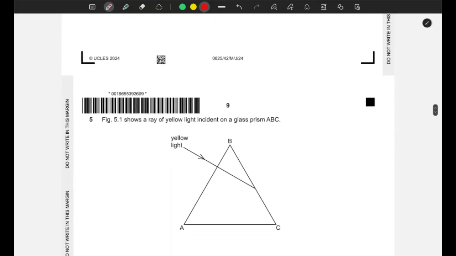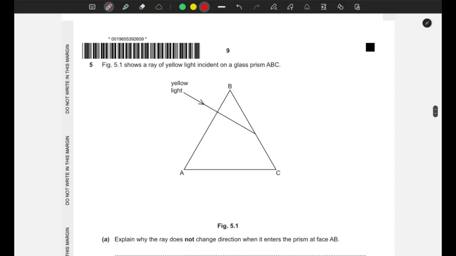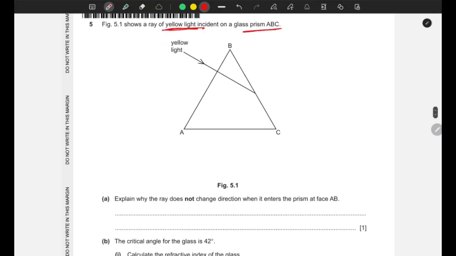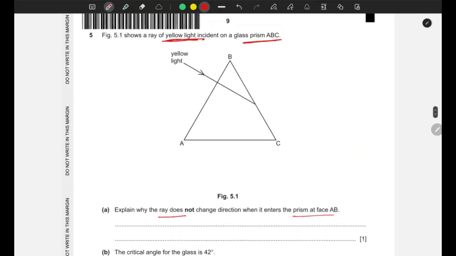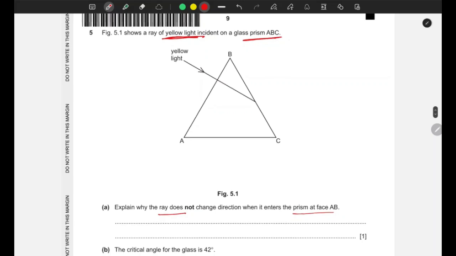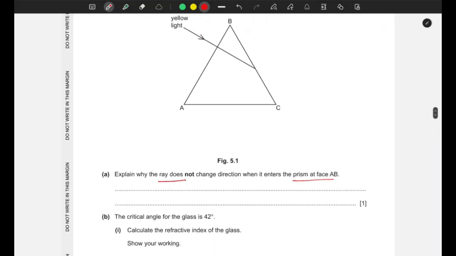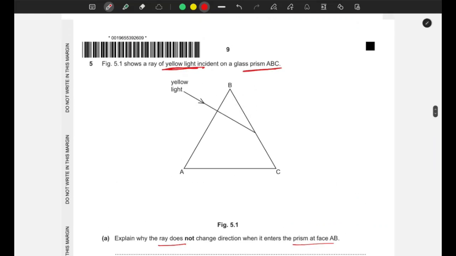Question number 5. Okay. Figure 5.1 shows a ray of yellow light incident on a glass prism ABC. Explain why the ray does not change direction when it enters the prism at face AB. So whenever this happens, if we draw, okay, the light, there's a normal line.